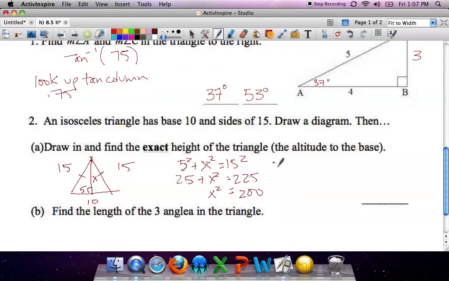And we'd have to find the square root of 200. What's the biggest perfect square that goes into 200? It would be 100 times 2. So the answer would be 10 root 2 for the height.